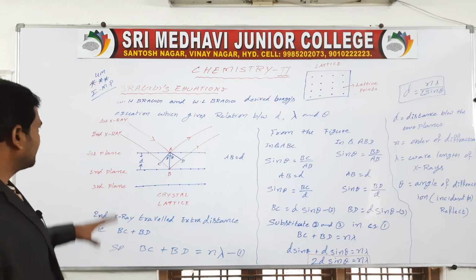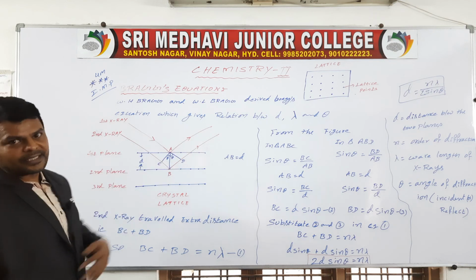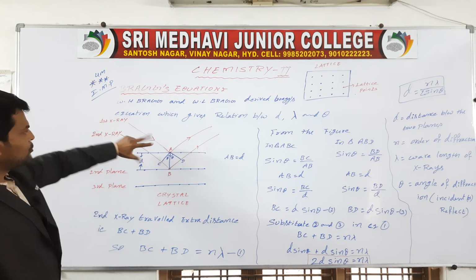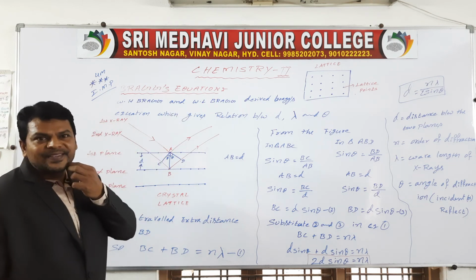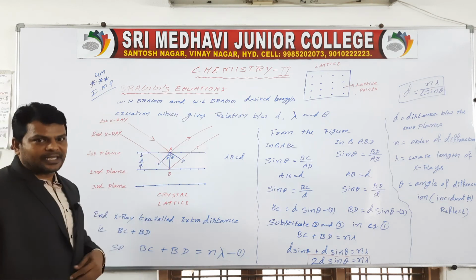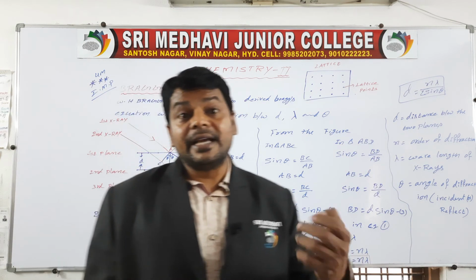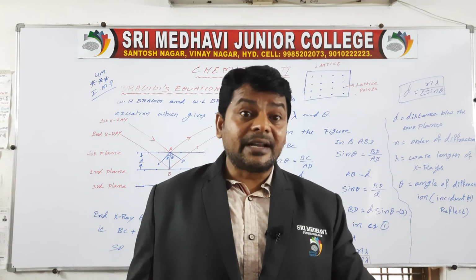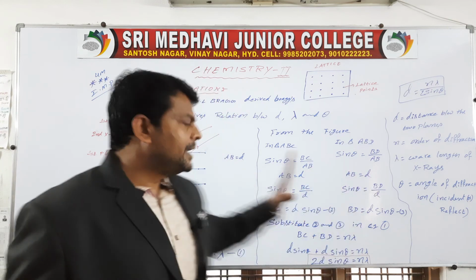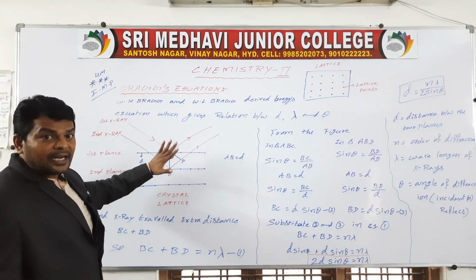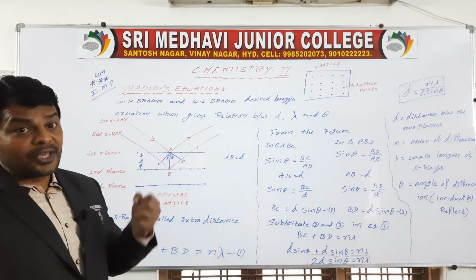Now I am taking a crystal lattice. These are lattice points. If you pass two X-rays through the crystal plane, they are diffracted from the lattice points present in the crystal. The diffraction may be of two types, I already told you. They are diffracted due to interference, which may be constructive or destructive. Only when they undergo constructive interference will we observe the points.